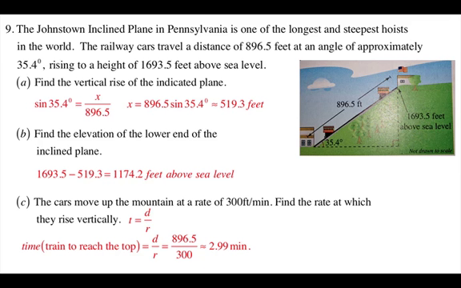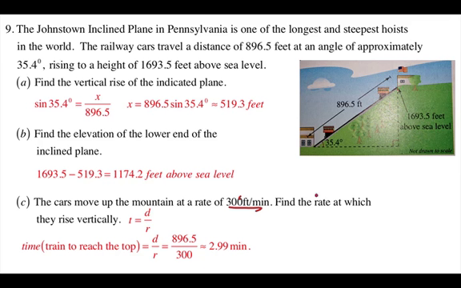They need to travel, using a pen, up this portion of the hill. So they need to travel this distance. This is the rate at which they travel. So then I have the distance, which is 896.5, the rate, which is right here, so I substitute that in. This is how much time it takes to travel from the bottom here to the top.